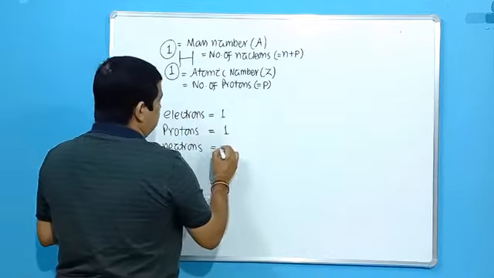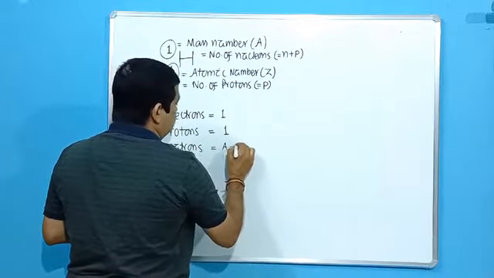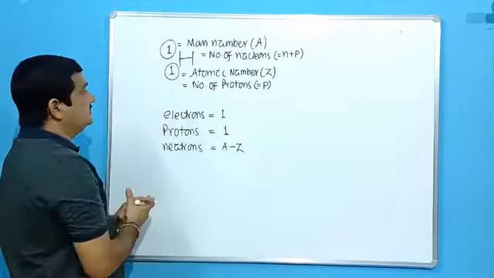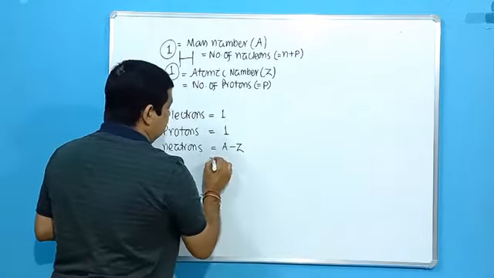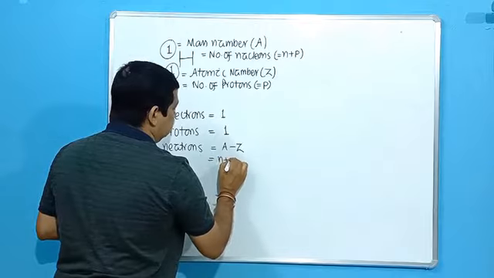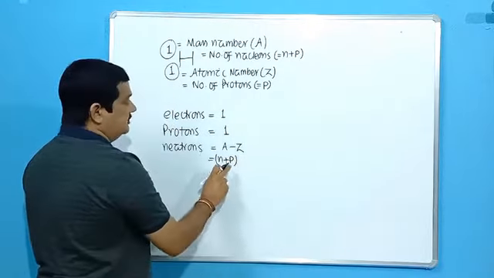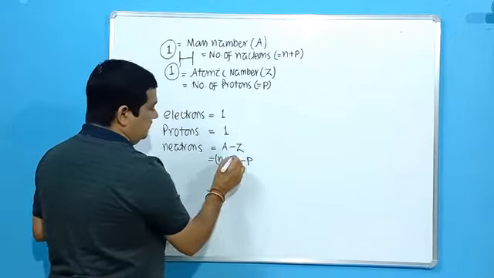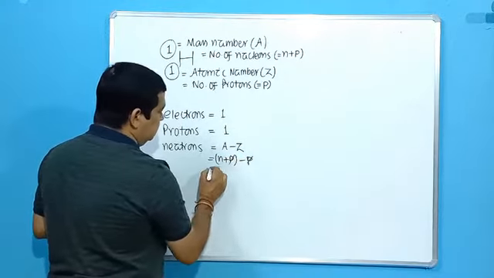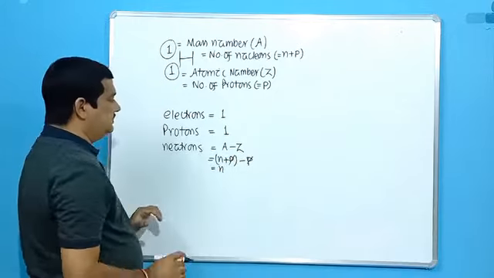The formula, look here, number of neutrons will be A minus Z. That means mass number minus atomic number. Why? Look at A, it is N plus P. A is number of neutrons plus number of protons. And what is Z? P. So N plus P minus P, P will cancel out. It will give you the number of neutrons.